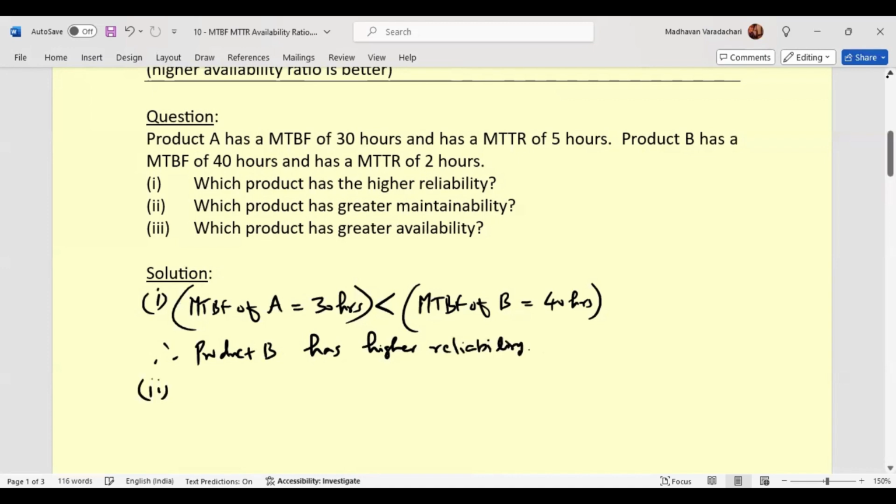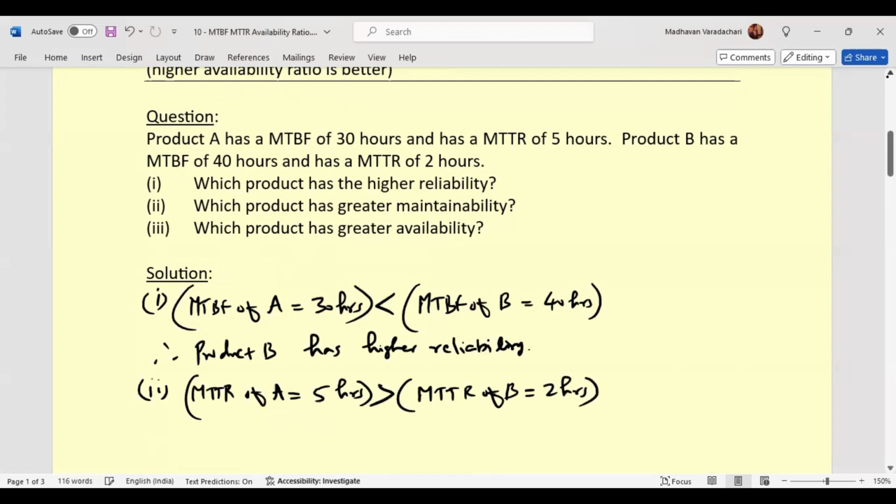Second part, maintainability. So we'll consider MTTR of product A is given as 5 hours and MTTR of product B is considered as 2 hours.